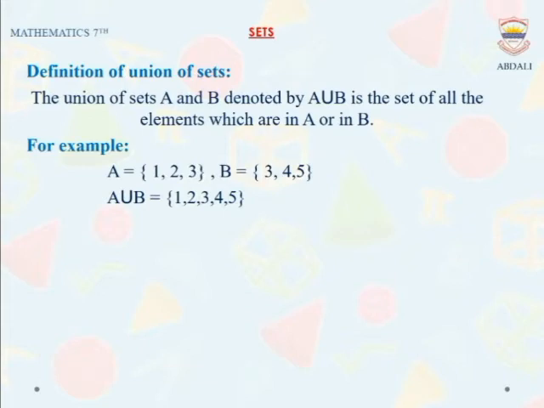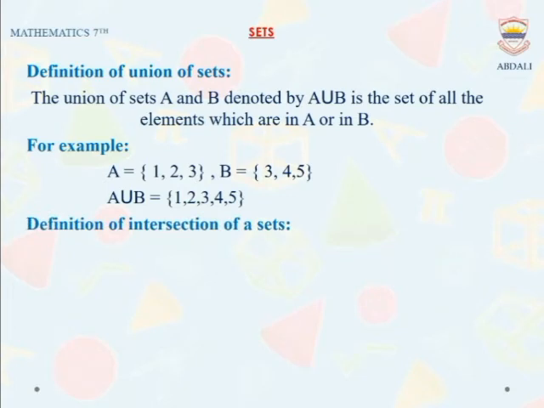Class, here is an interesting point: we will not write 3 two times, as 3 is in both sets, but we will write 3 only one time, because we know that a set has distinct objects, so we cannot repeat any value in a set. So it is the answer of A ∪ B.